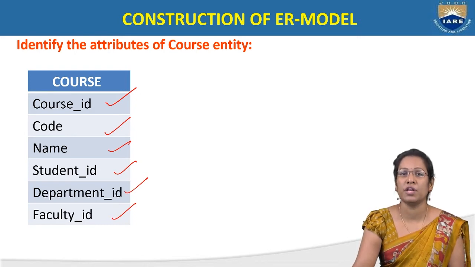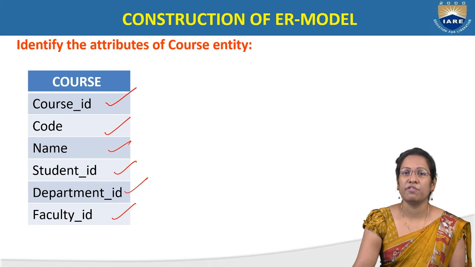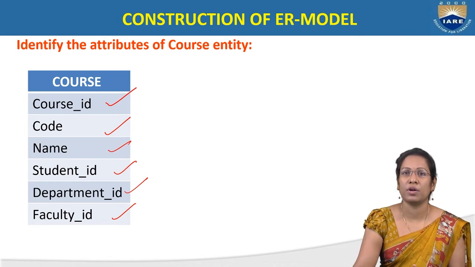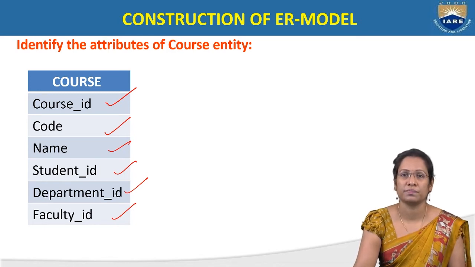So we need to include the faculty, student and department IDs in the course structure to know who is handling, who is taking and who is managing. This total thing can be done by using all these attributes.